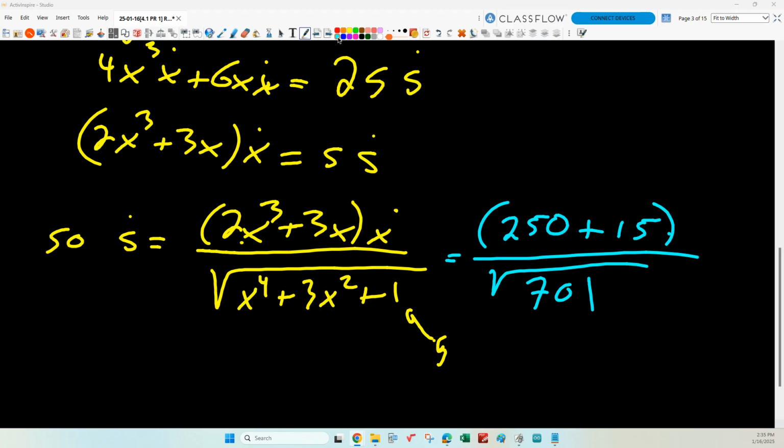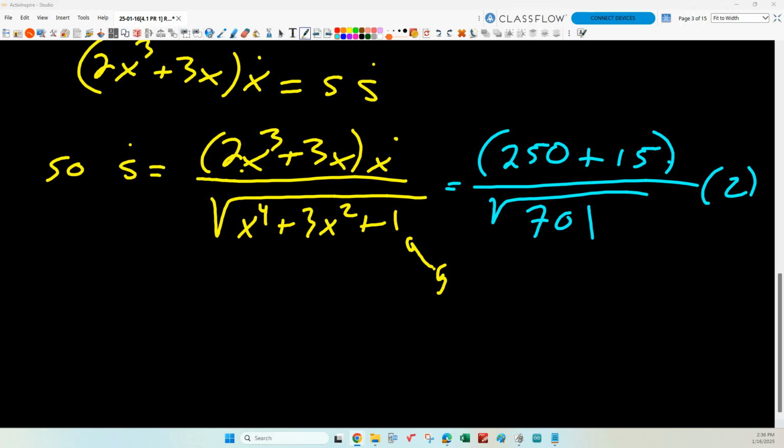Times x dot, and we said x dot was 2. So somebody crank that out, put that in a calculator and see what we get. It's on a Desmos or something, yeah, or calculator.